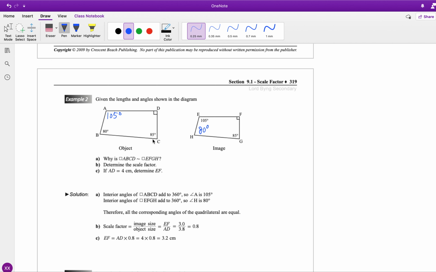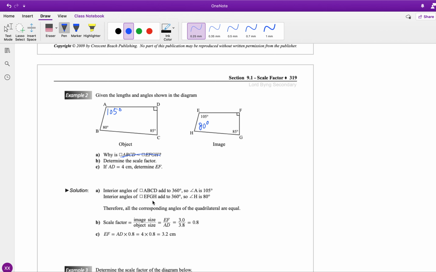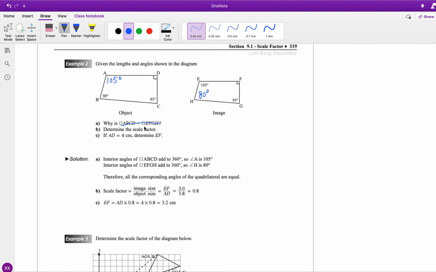Or you add these together to get 360, subtract, and that gives you that. So all the corresponding angles are the same, therefore they are similar. Sorry, I should be underlining it, but I crossed a line.